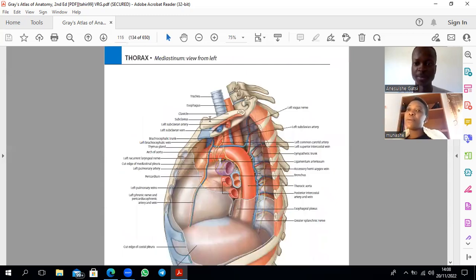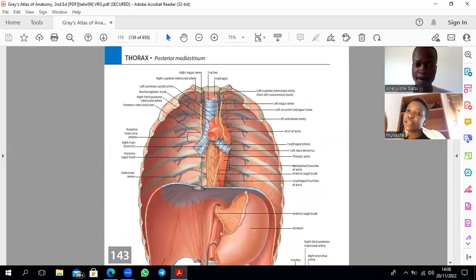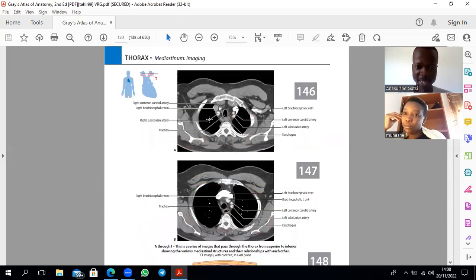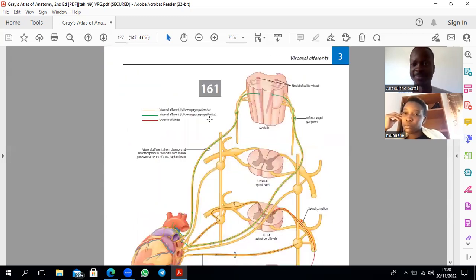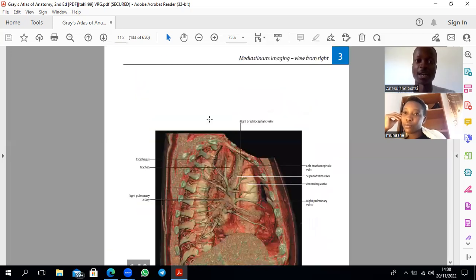Oh, you mean the three parts? There's the ascending, and then there's the descending, and then there's the middle part that gives rise to the three branches. The middle part, what do you call it? Aortic arch. So first thing is the ascending aorta.